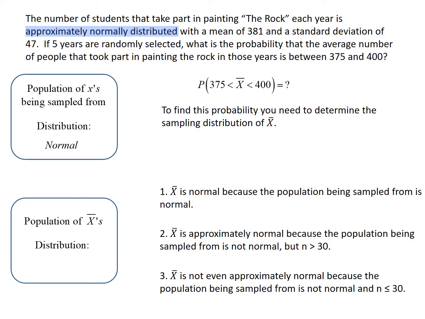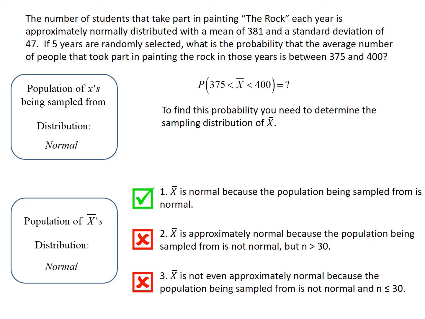X bar is going to be normally distributed. Some of our sample means will be less than 381, some higher than 381, and they'll be symmetrically distributed about that average of 381. That's what that's saying. So X bar is normally distributed, which of course rules out the last two options.